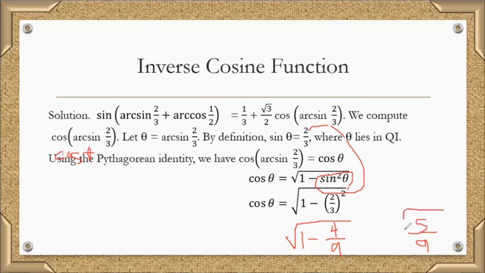Kapag kinuha mo ang square root niyan, square root of 5/9, ang 9 ay perfect square, so pwede nang kuhanin yung exact root ng 9, which is 3. Then, sa numerator natin, remain ang square root of 5. Siyempre, ang kuha natin yung positive value kasi nasa first quadrant tayo. Okay, so the result of cosine theta is square root of 5 over 3.